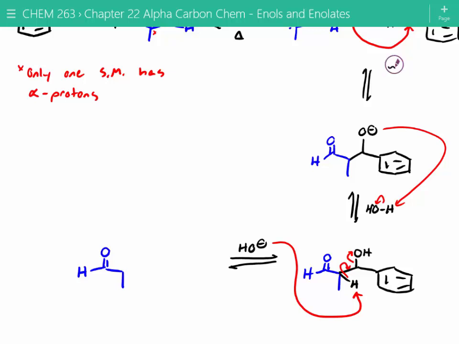Oh, let me make sure this double bond's clear. There we go. And we can end up with our alpha beta unsaturated aldehyde product. In this case, it's impossible to stop at the beta hydroxyaldehyde. And why do you think that is?